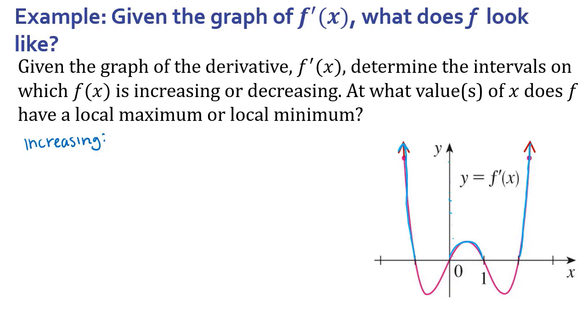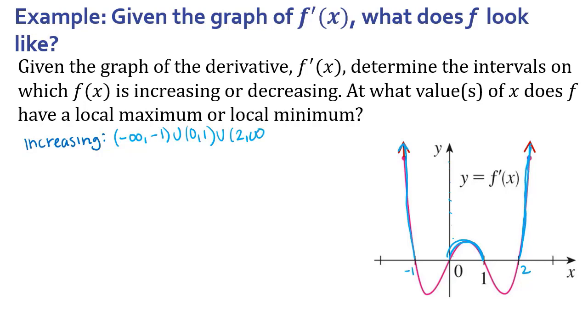So I would say that this function is increasing. Let's just label these. So it's going to be increasing from negative infinity to negative 1, and then again from 0 to 1, and then again from 2 to infinity.